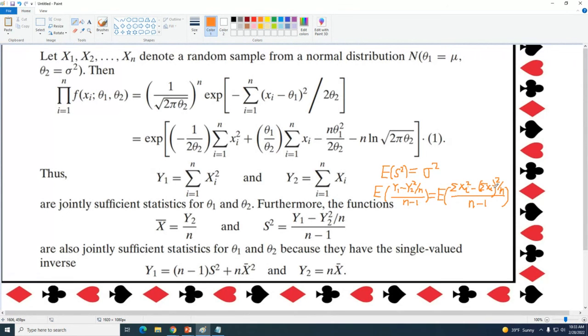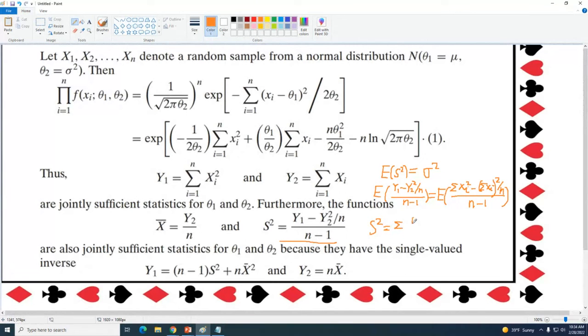I think this was a simplified formula for s squared, simplified from a more complex, more definitional formula.